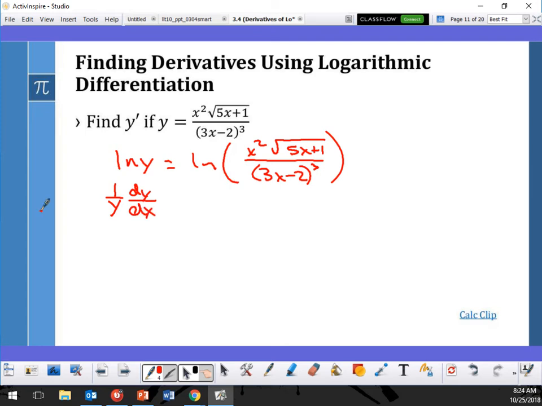And that's going to be equal to ln of x squared plus 1 half ln of 5x plus 1, to the 1 half, don't skip that step, and then minus ln of 3x minus 2 to the 3rd power.